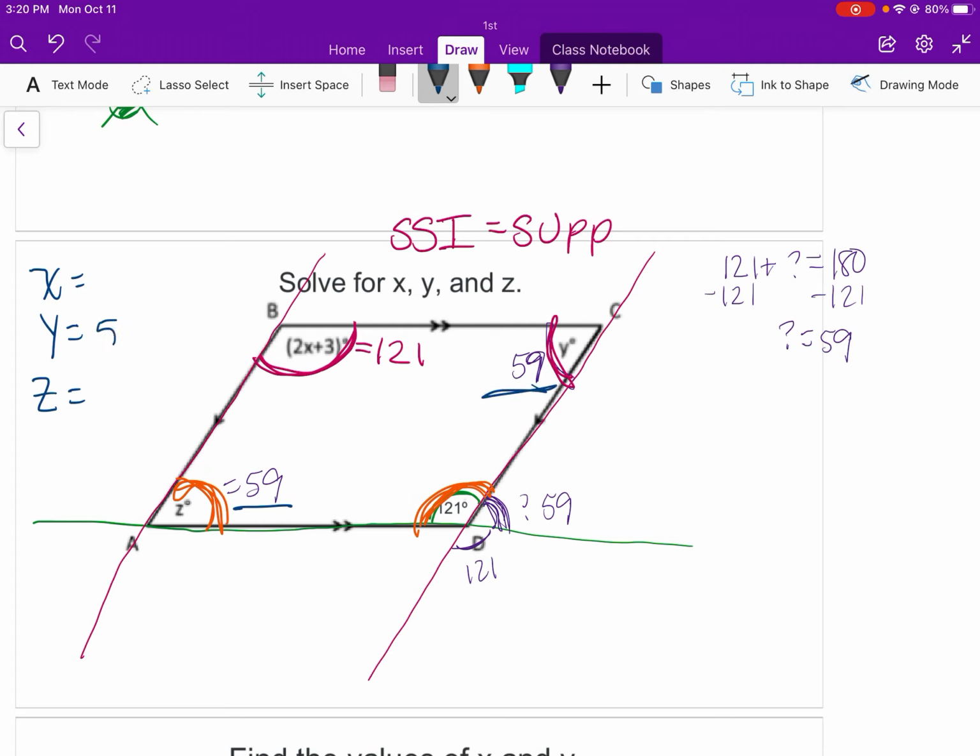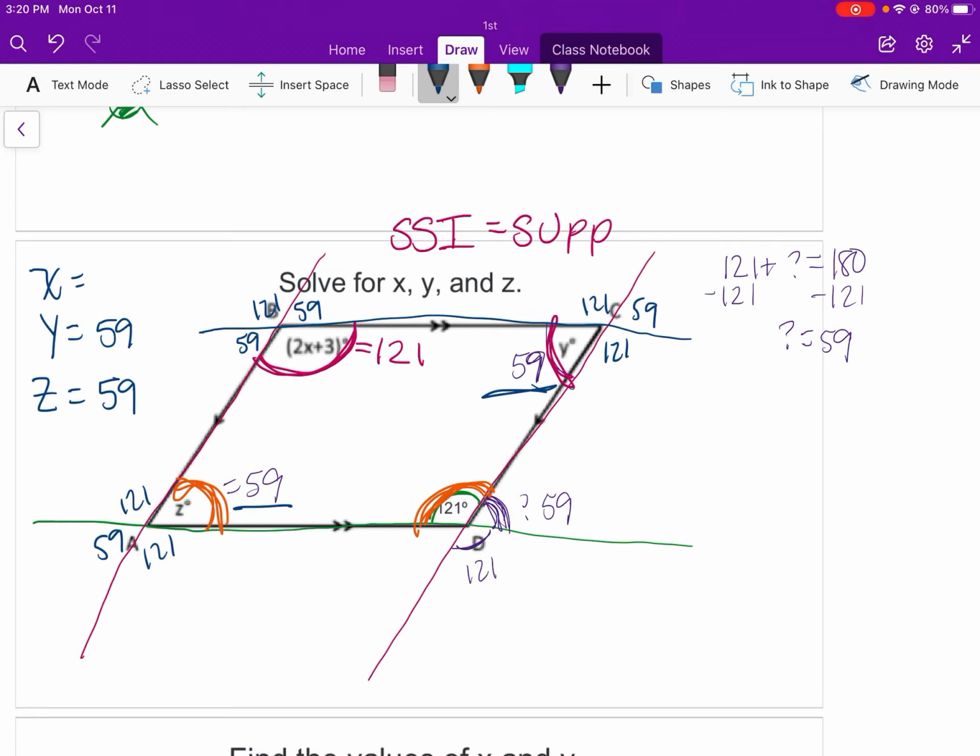So Y is 59 and Z is also 59. Once again, we found that simply by marking up our diagram. So that would be 121, 121, 59, 59, 59, 121, 121, 121, 59. Okay, and we've labeled all of the angles now.